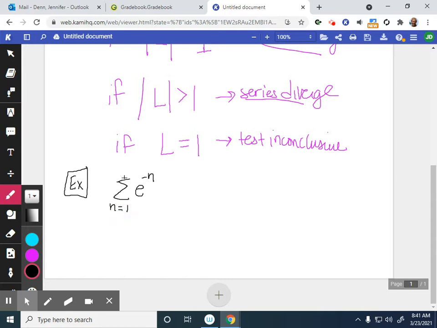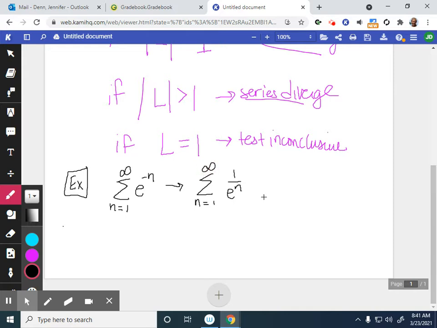Now this is actually geometric, but let's just look at it through the lens of the ratio test to take a somewhat easier series, because later on we'll look at more complicated ones. So first of all, realize this is the same thing as 1 over e to the n. It's a lot easier to think about this as a fraction as opposed to a negative exponent.